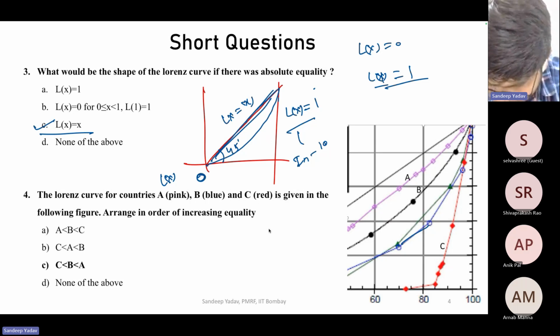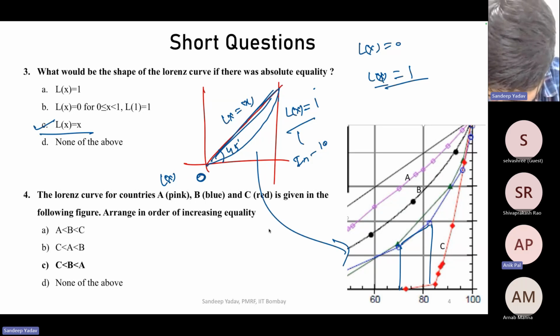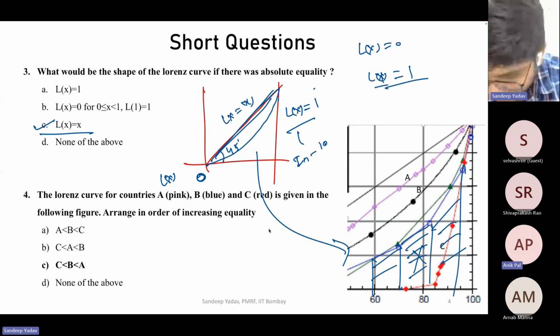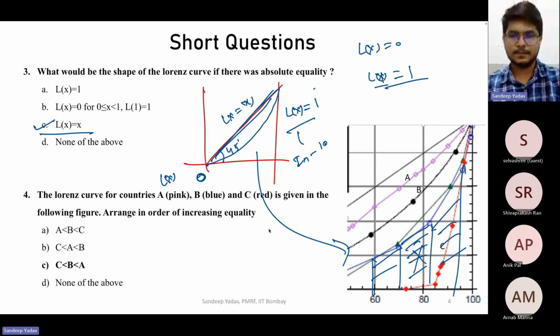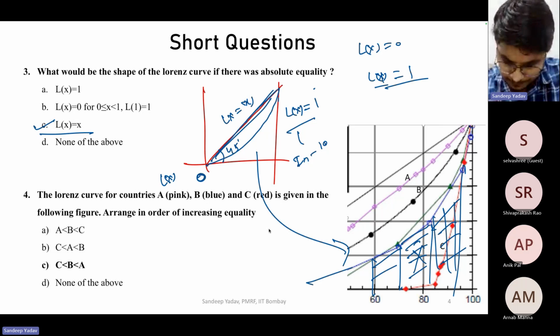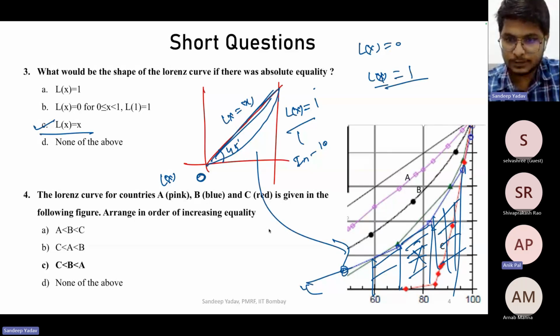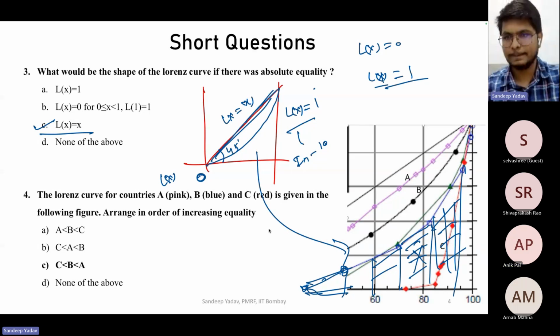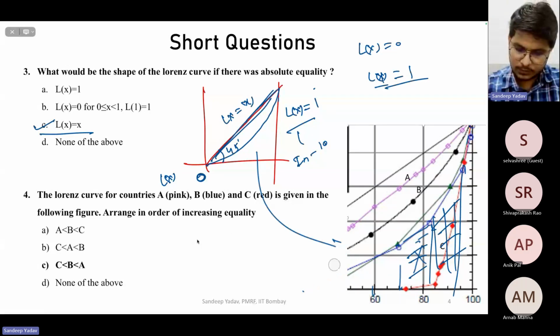To calculate the total area, you have to calculate the area of this region plus this region plus this region. These are not triangles; they are trapezoids, so we use the area of a trapezoid. For the first point, the area is a triangle, and the last point also has a triangle. I hope this solves the question. Now moving ahead.